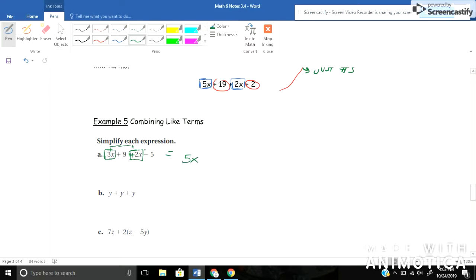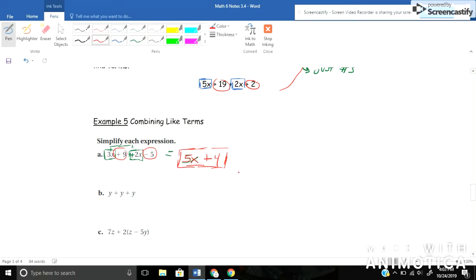And then I also have 9, or if you look at it this way, positive 9 minus 5, right? And 9 minus 5 would give me a total of 4, or positive 4. So my expression would be 5x plus 4. This would be this expression simplified.